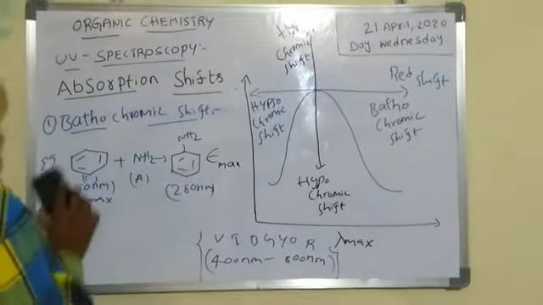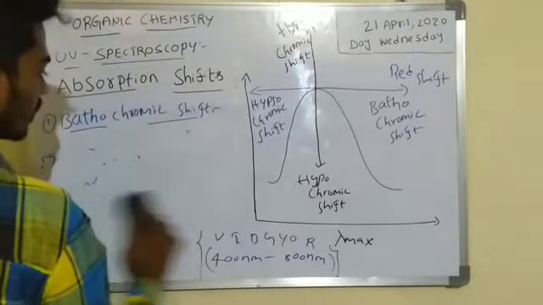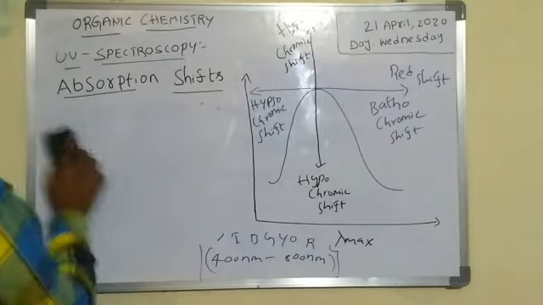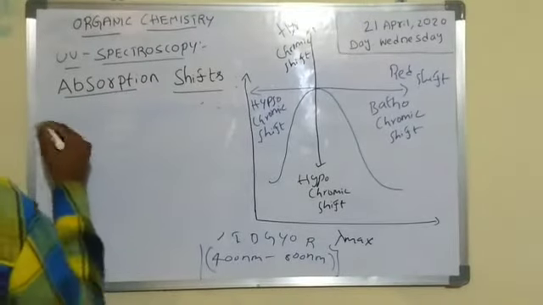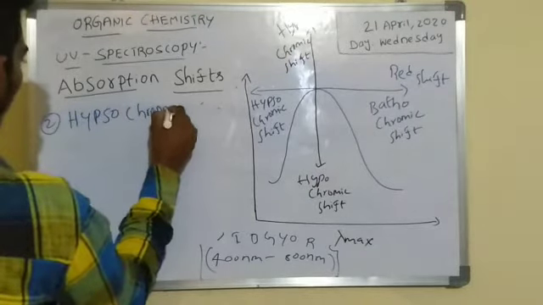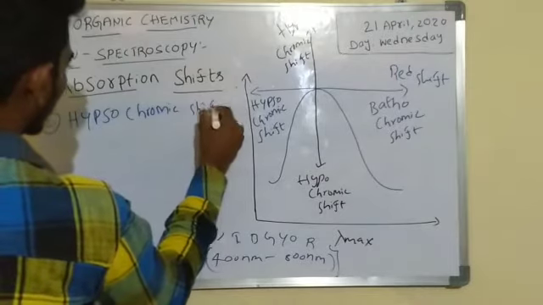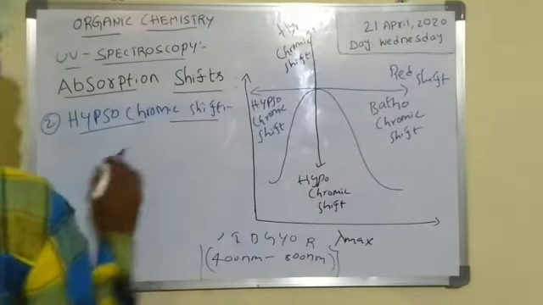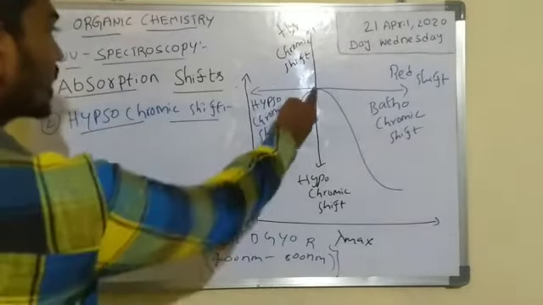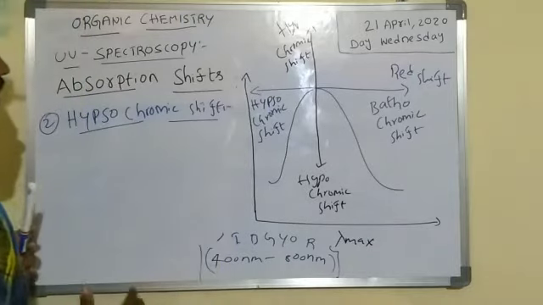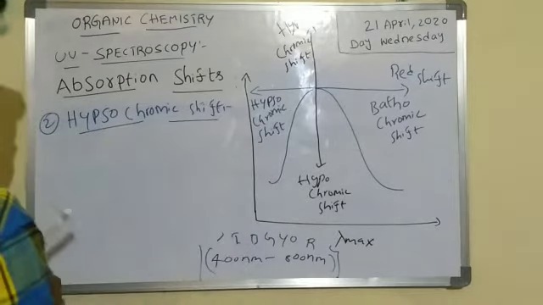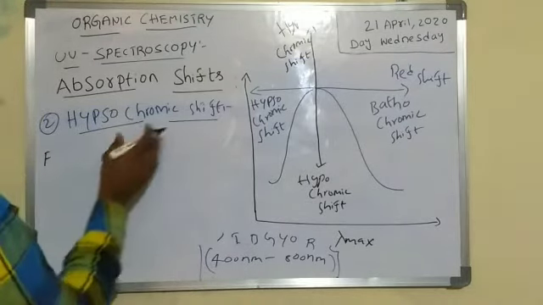Now we can see the second one, hypsochromic shift. Hypsochromic shift is an effect due to decreasing the maximum wavelength in the absence of an auxochrome.